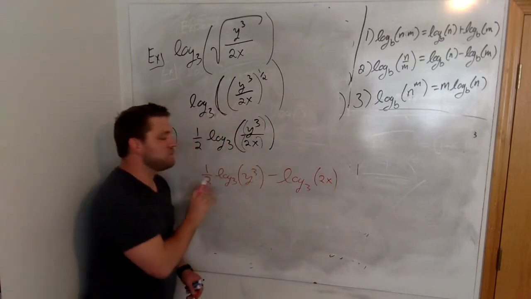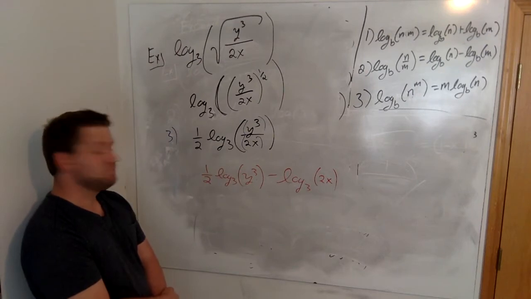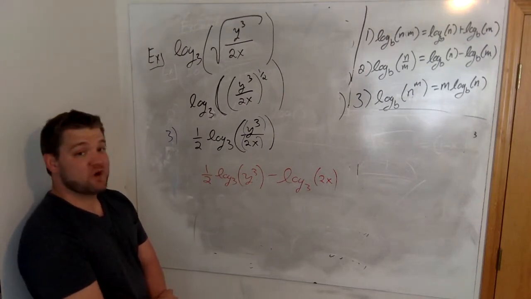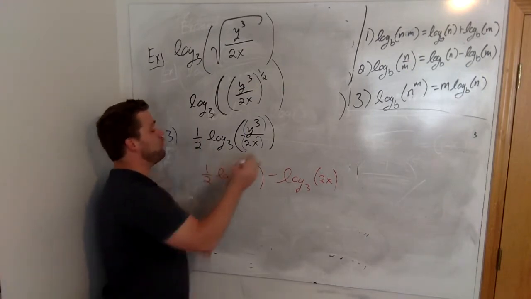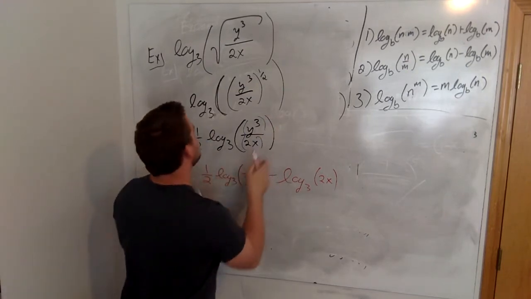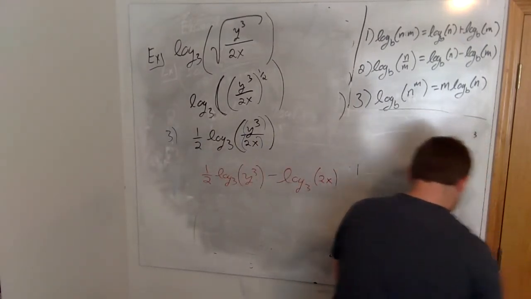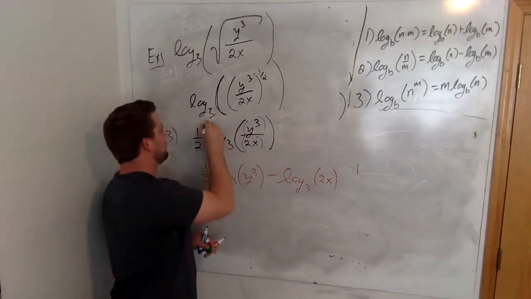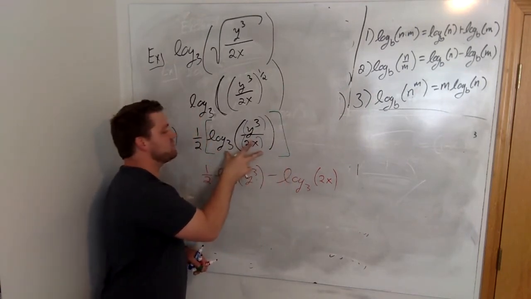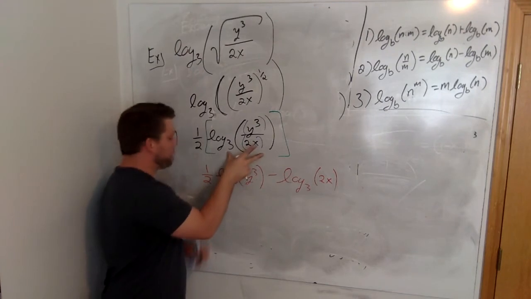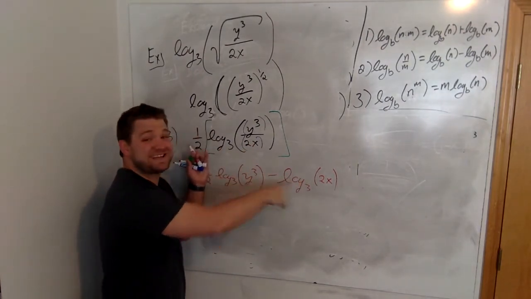Maybe pause the video and think about why this is wrong. Okay. The reason why this is wrong is because we didn't use parentheses. This 1/2 multiplies onto this entire thing. So we have to think that there are parentheses right here. I'm multiplying the 1/2 times this expression. Well, since this expression is the same as this right here, I have to multiply the 1/2 times this whole thing.